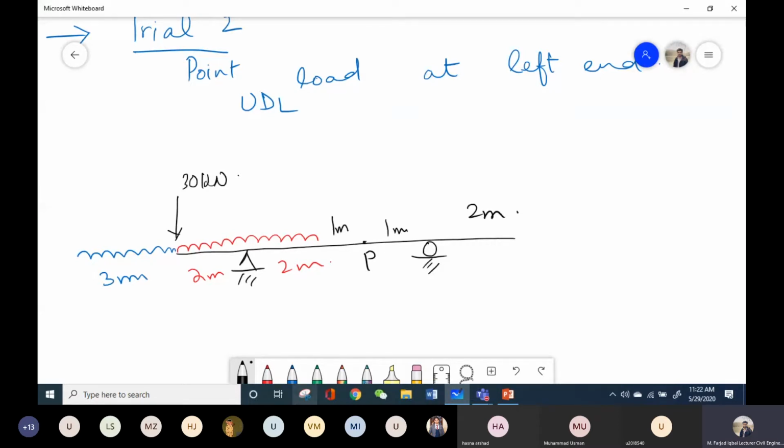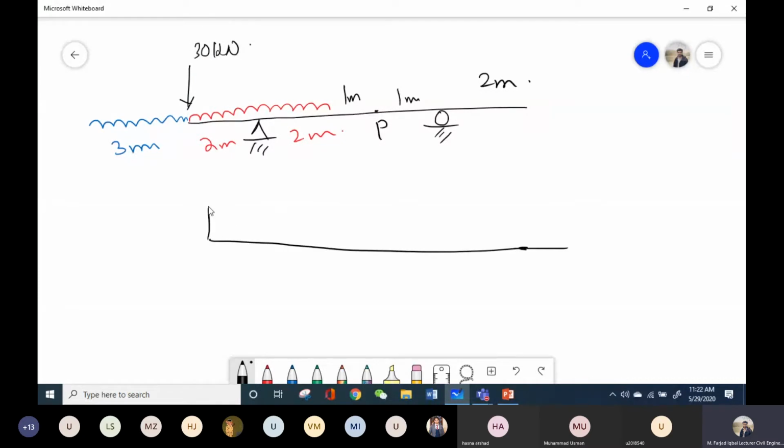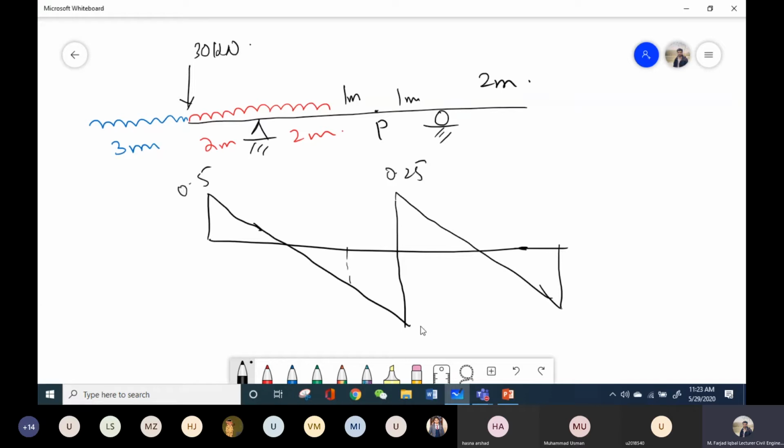So if I plot the shape of ILD again, this is 0.5 and this is 0.25, 0.75, and this is 2 meter, 1 meter.